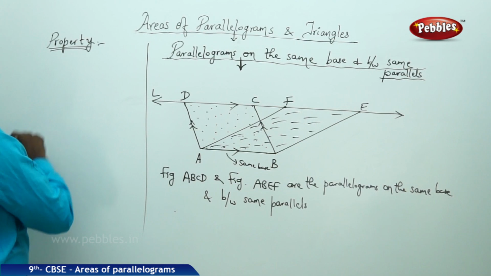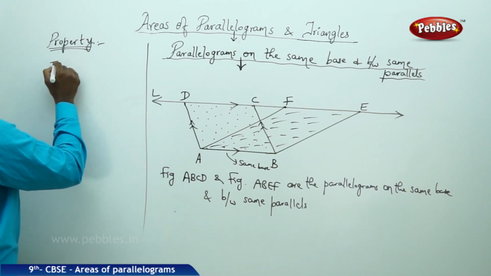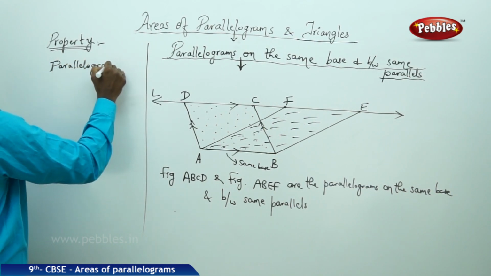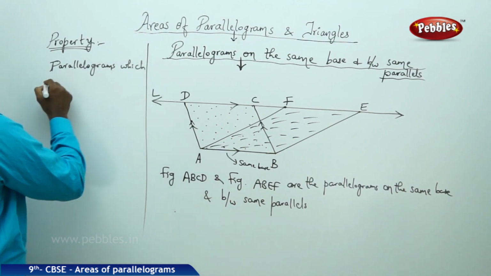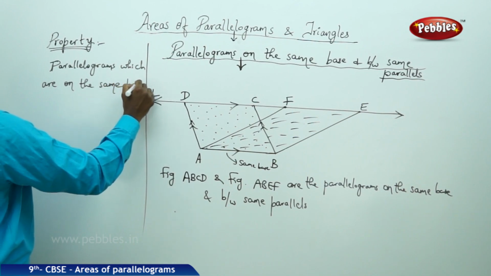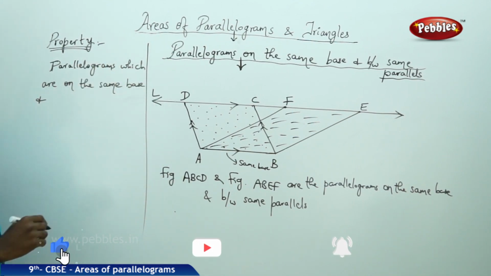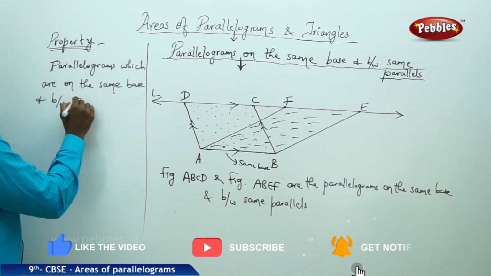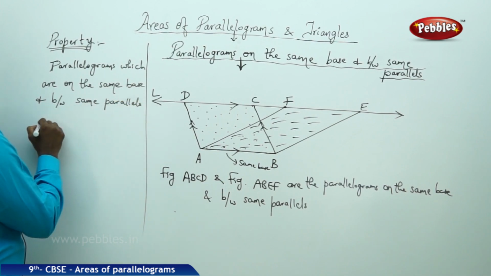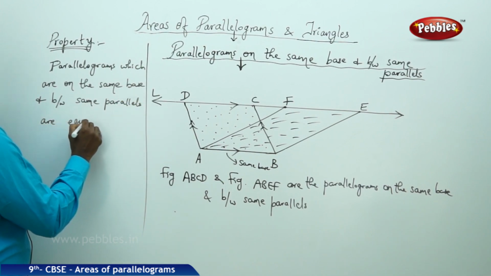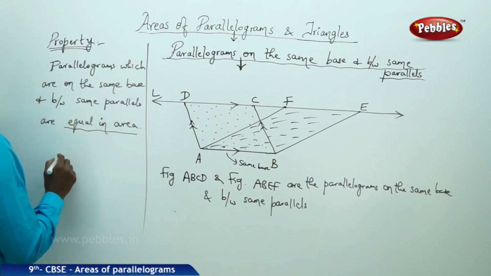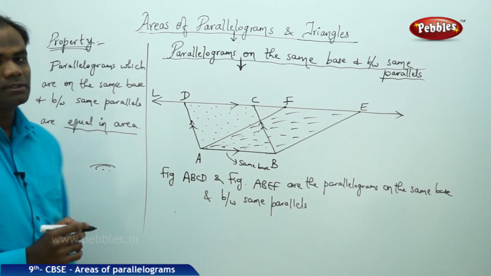Property which connects is parallelograms which are on the same base, and between same parallels are equal in area, is how I understand the property.